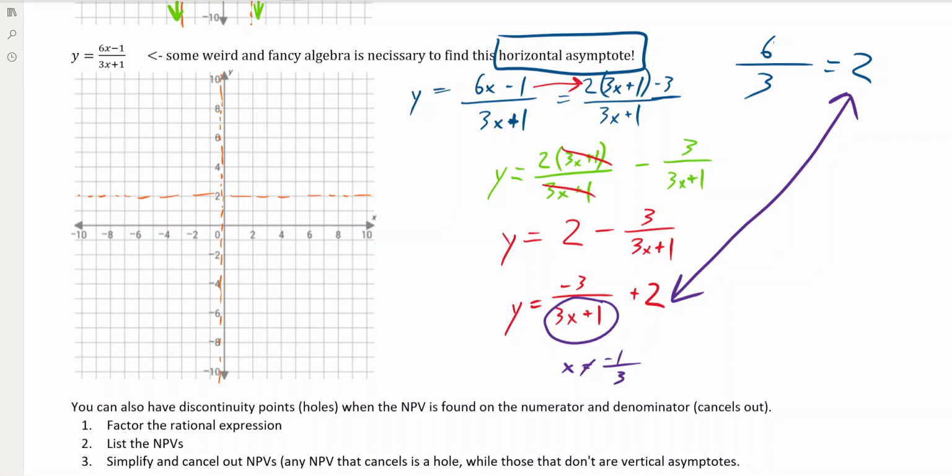So the question is, where does y equal 0? So let's just find an example of this so that we can work with it. Let's go y equals 0.